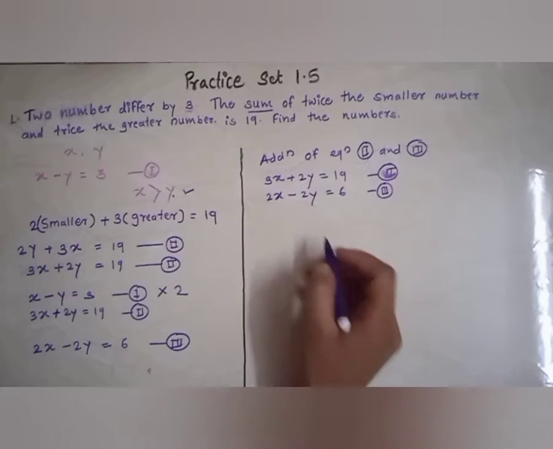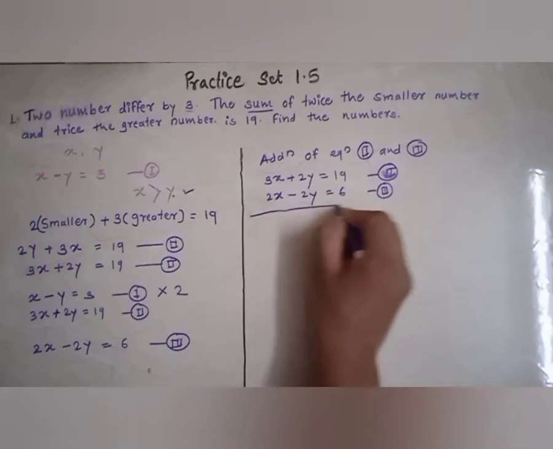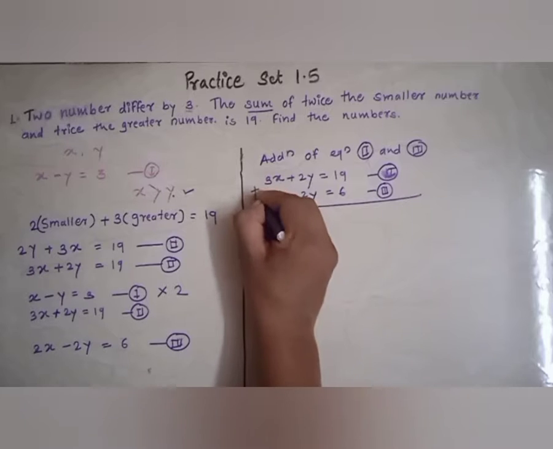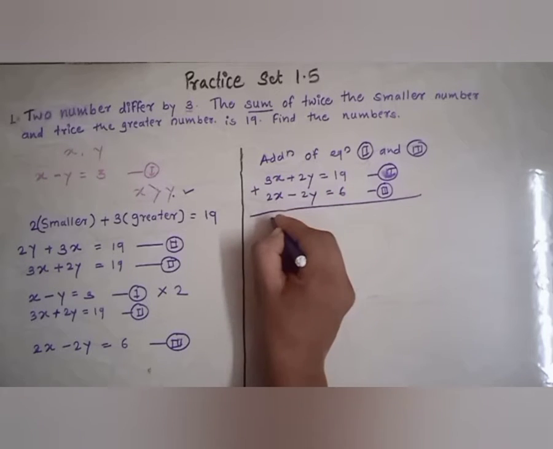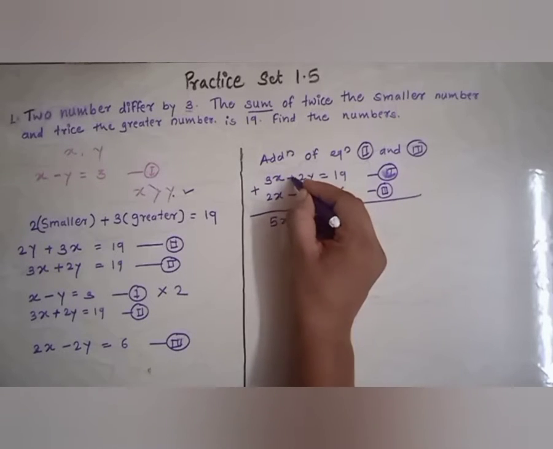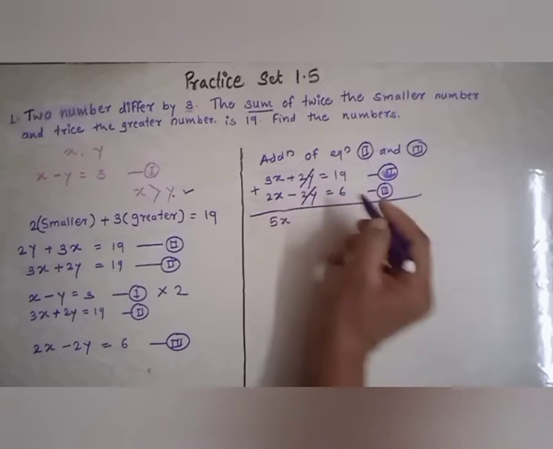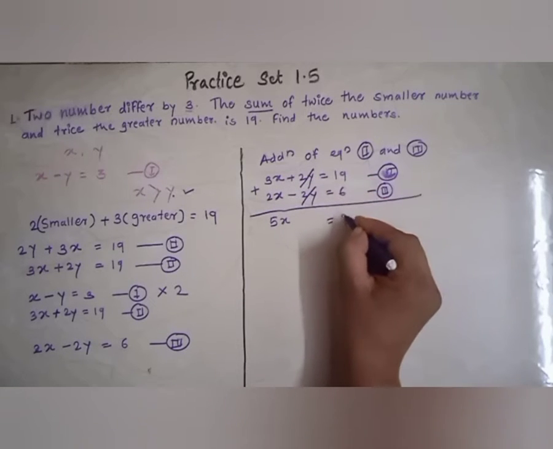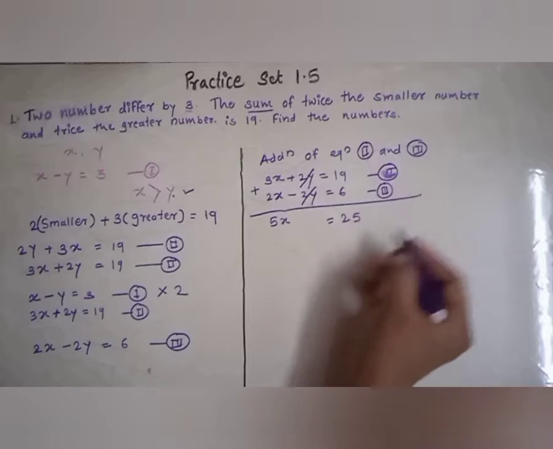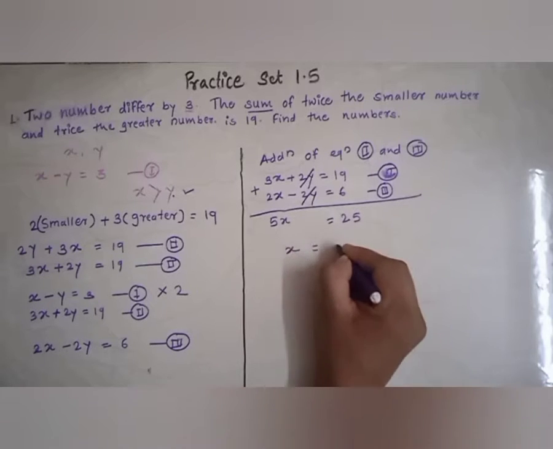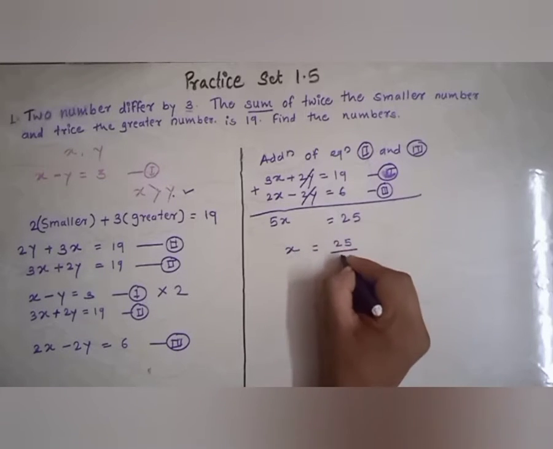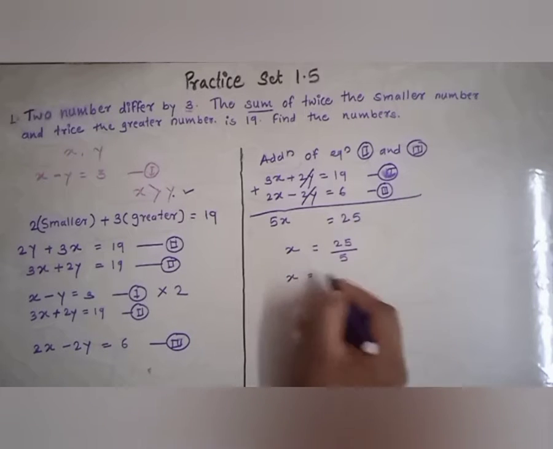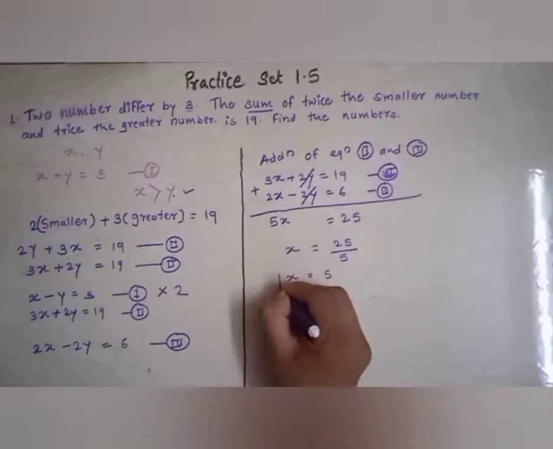Add both equations: 3x and 2x is 5x, plus 2y minus 2y cancels, and 19 plus 6 is 25. Then we get the value of x: 25 divided by 5, so x is equal to 5.